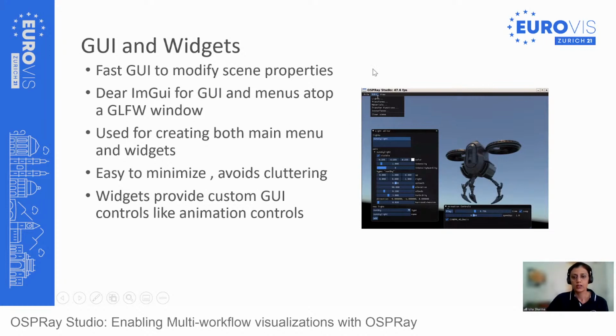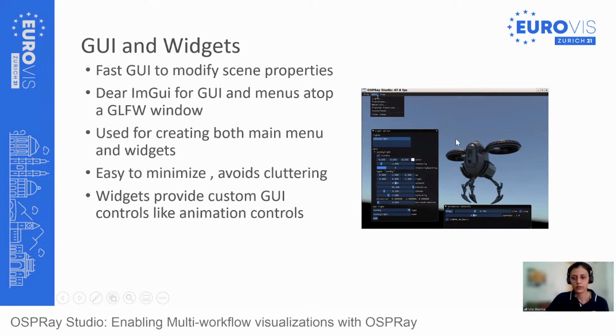And ImGui is used for both the main menu and the widgets, and it's easy to minimize and avoids cluttering. Now, widgets also provide custom GUI controls, like for example, in this image on the right, it provides animation controls, such as the play button and other animation controls for an animated scene.